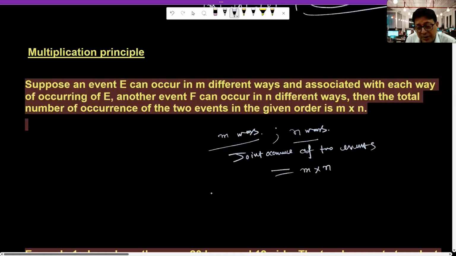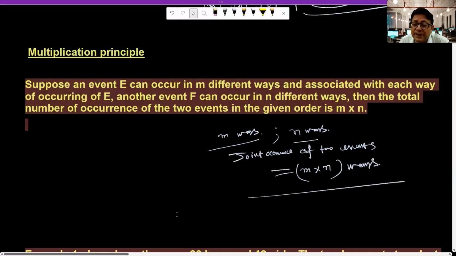M into n. Clear? Joint occurrence of 2 events can be done in m into n ways. Let us realize this with examples.